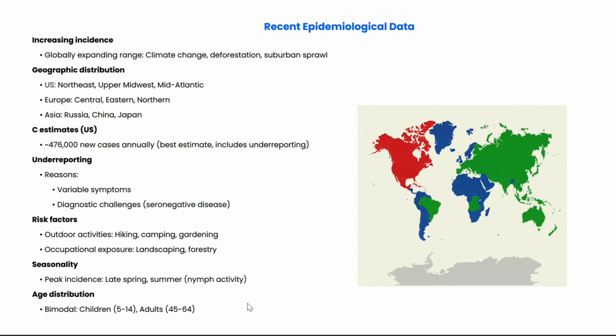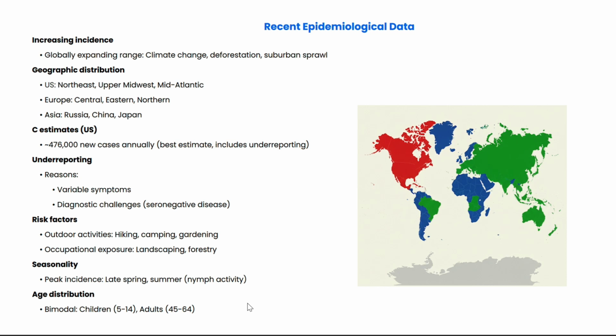Underreporting is a significant issue due to several factors. Lyme disease symptoms can be highly variable, making diagnosis challenging. Also, some patients may have what's called seronegative Lyme disease, meaning they do not produce the typical antibodies that diagnostic tests look for, leading to false negative results.